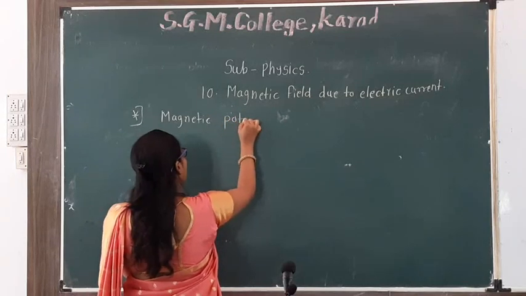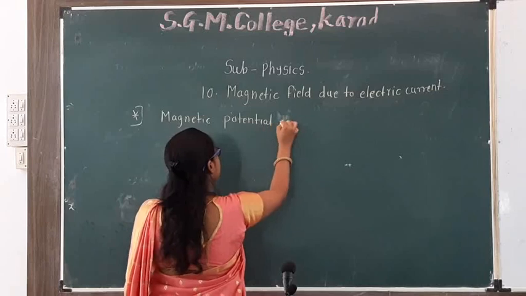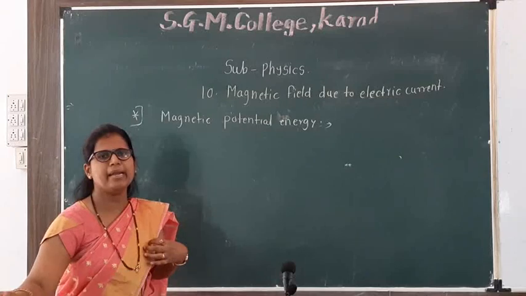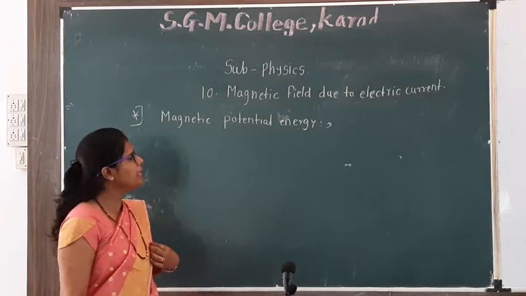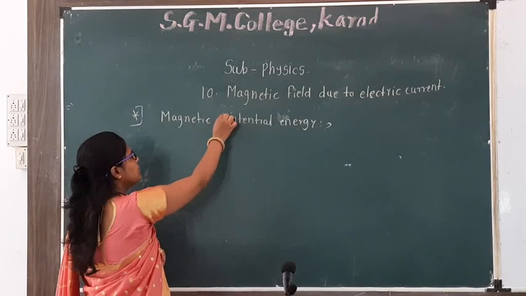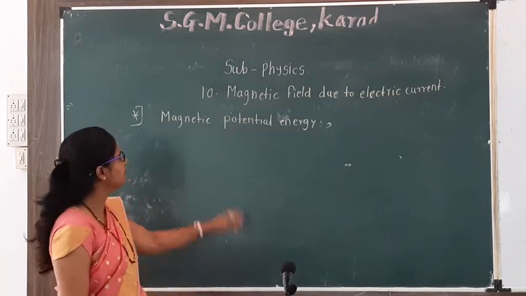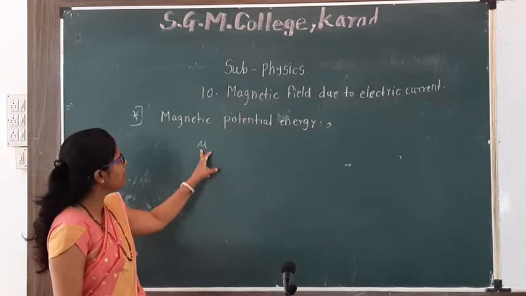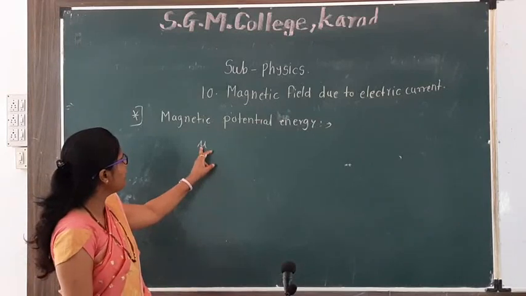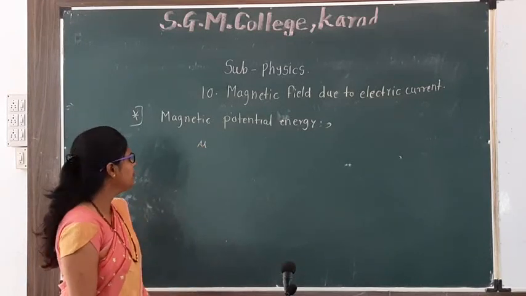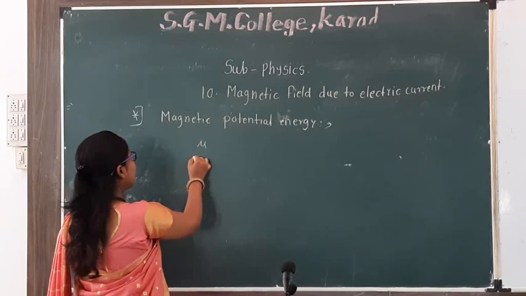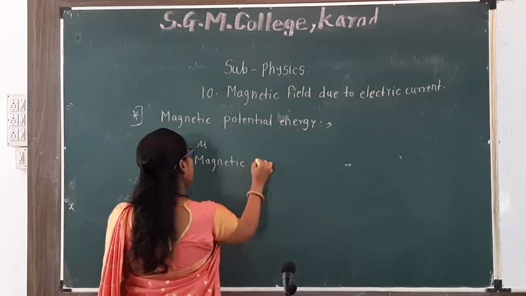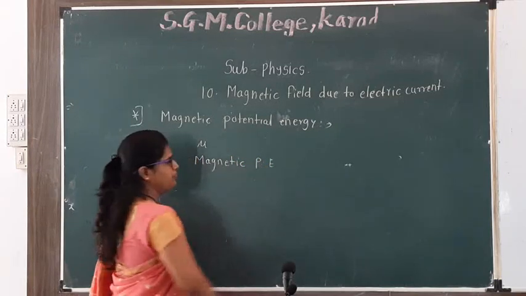When a magnetic dipole, with symbol mu, is suspended in a uniform magnetic field, it possesses magnetic potential energy.